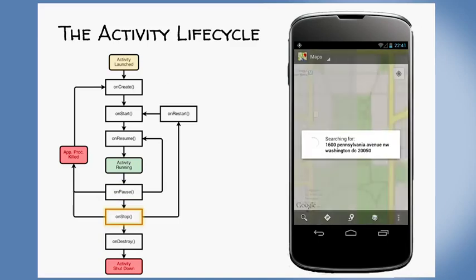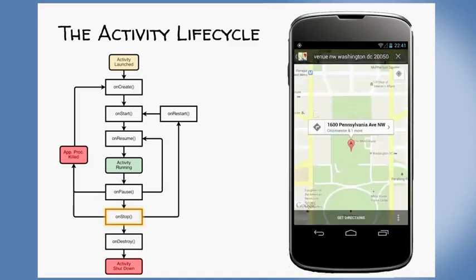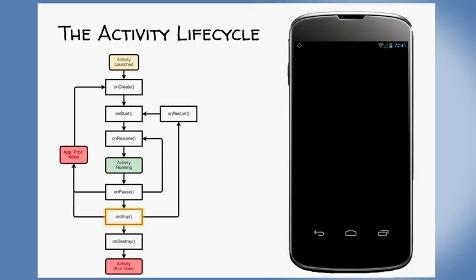Now, eventually Google Maps will appear on the screen, and the user can interact with it. But at some point, the user will be done with Google Maps and might, for example, choose to return back to MapLocation, for instance, to map a new address. So let's assume that the user now hits the back button to return back to MapLocation. At this point, MapLocation must be brought back into the foreground.